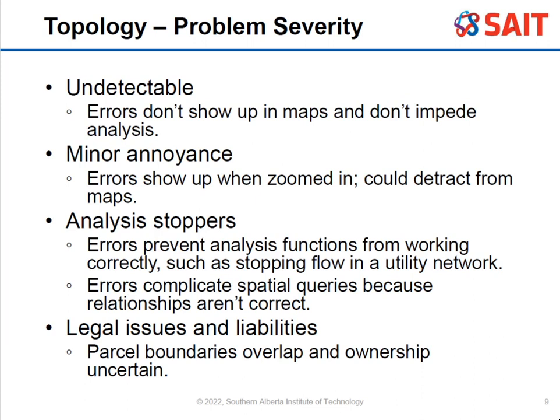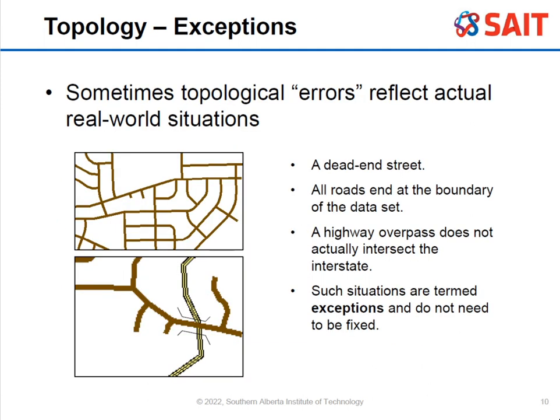You hear a lot about that, and it's not necessarily a topology issue, but it can come up, and when somebody goes out to the field, they're basing it on what they see on your map, and there might be overlap, and then that can come down to you, and you don't want that.